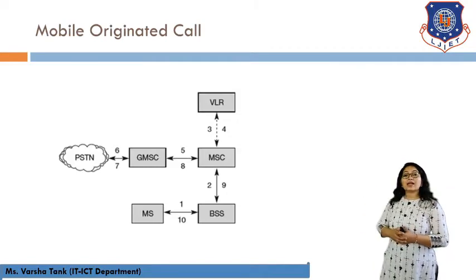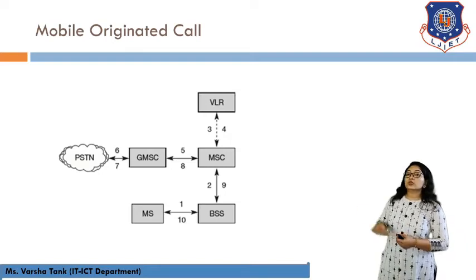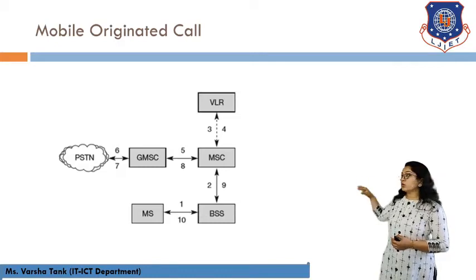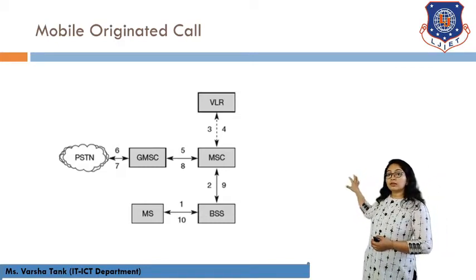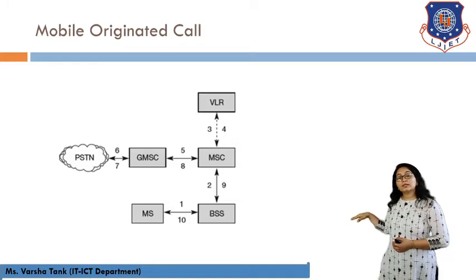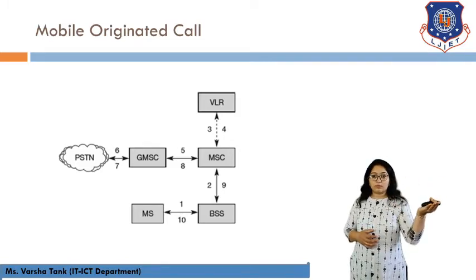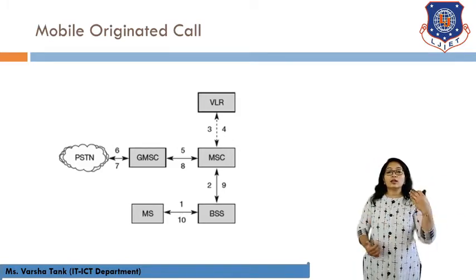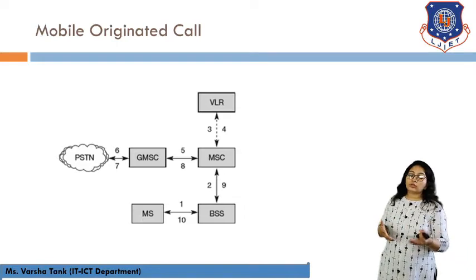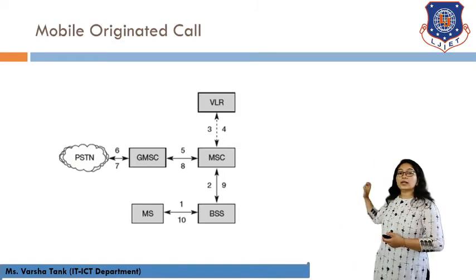The gateway MSC lies between the public switched telephone network and the network of that particular mobile station. The gateway MSC converts the protocol and sends the request to that network. When the reply comes from the gateway MSC, it goes to the MSC, then to the BSS, and the BSS transfers the call to the MS. When your friend or relative receives the call, one dedicated line is established, the response comes to your mobile station, and the connection is established. This is the mobile originated call.